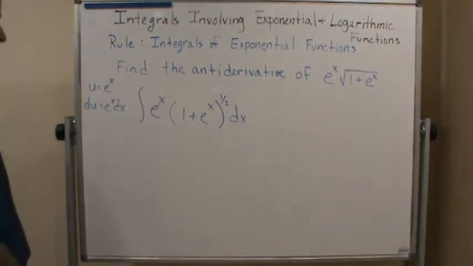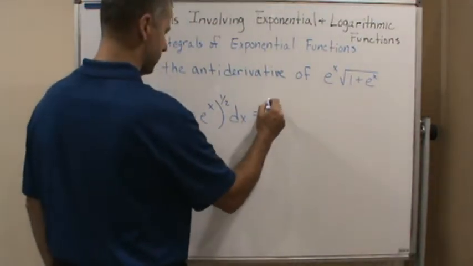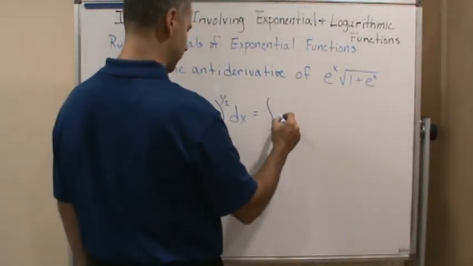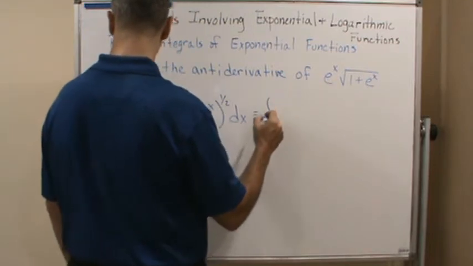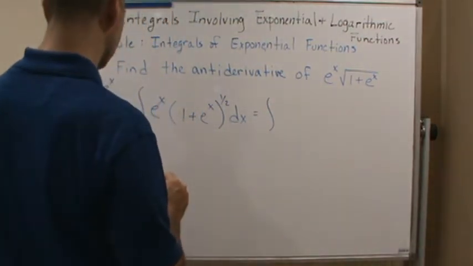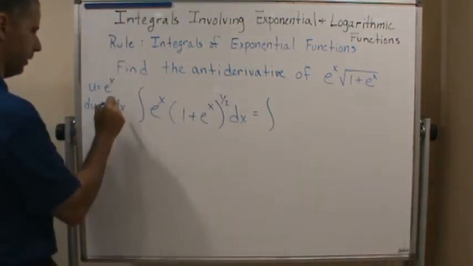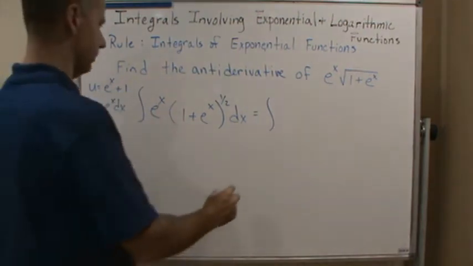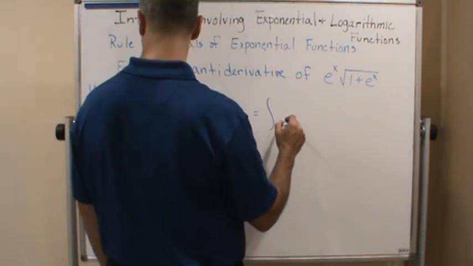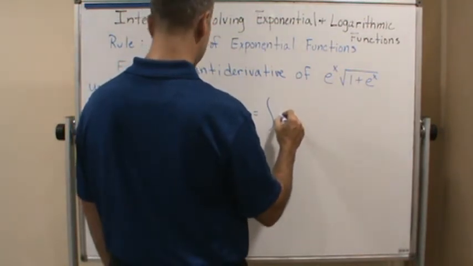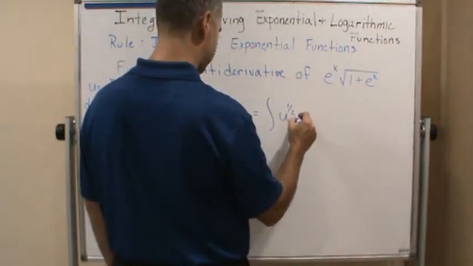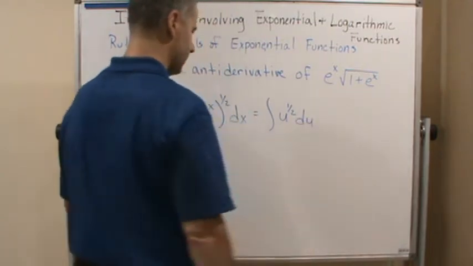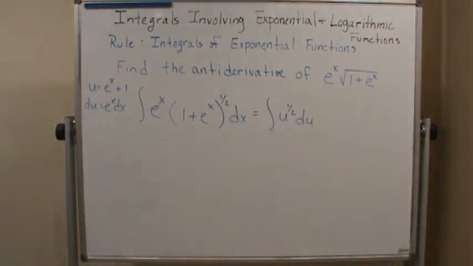So now I can just do my substitution here. Oh, hold on, e to the x plus 1, that's what I want. So now it just becomes the integral of u to the 1/2 du. And we know how to handle that, right?